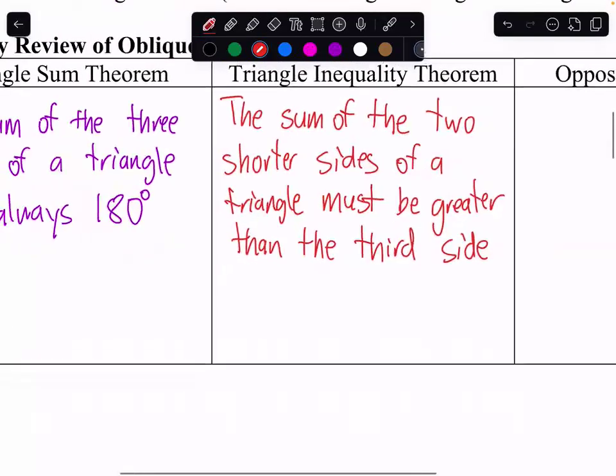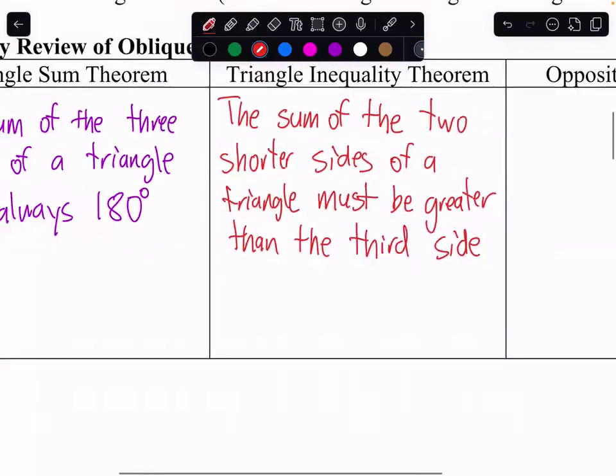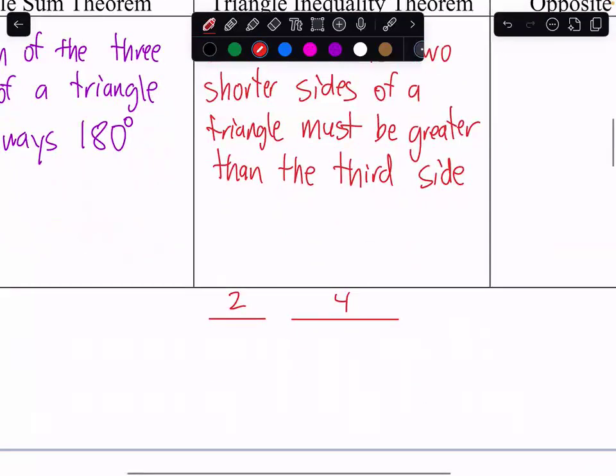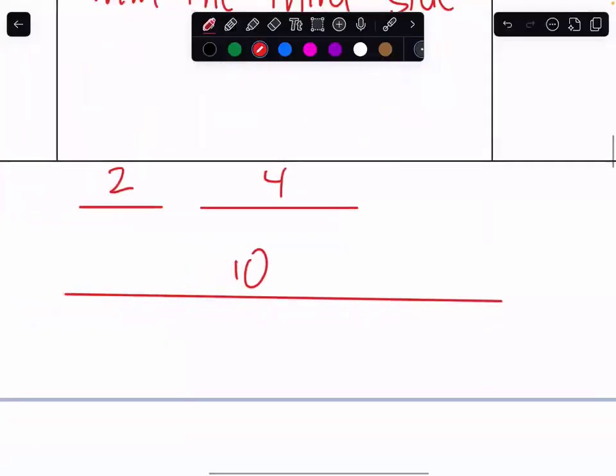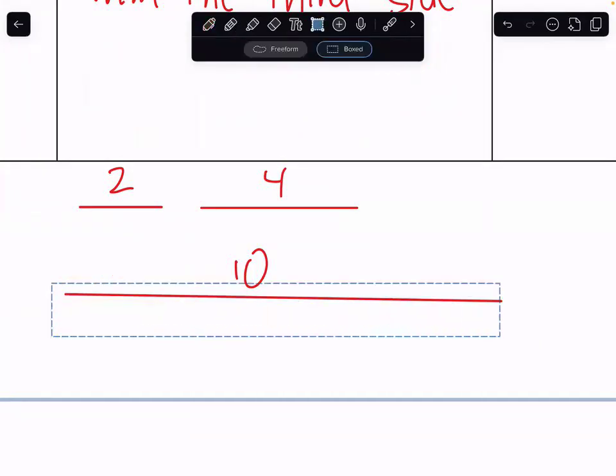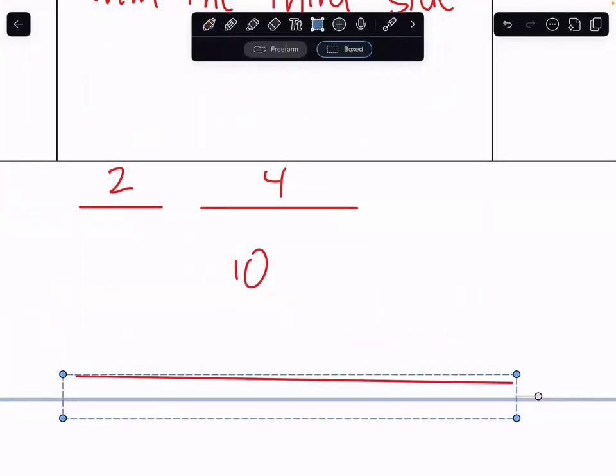Let's make sure we understand the reason this is true. Let's say that I asked you to form a triangle with sides of 2, 4, and 10. It's probably not exactly to scale, but close enough. How can we form a triangle with these measurements? Well, let me just put the 10 at the bottom.